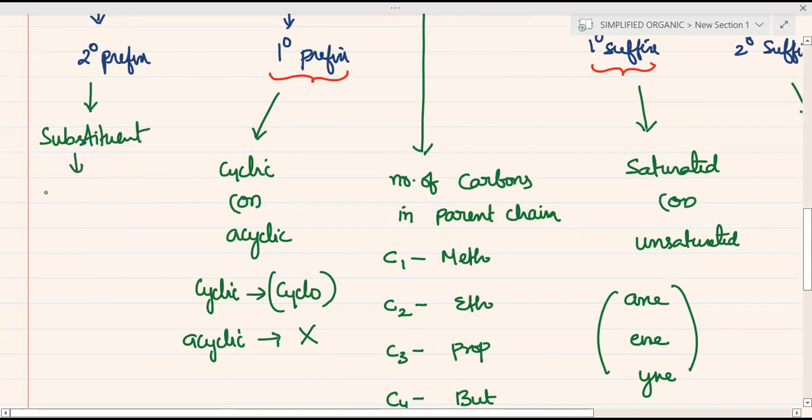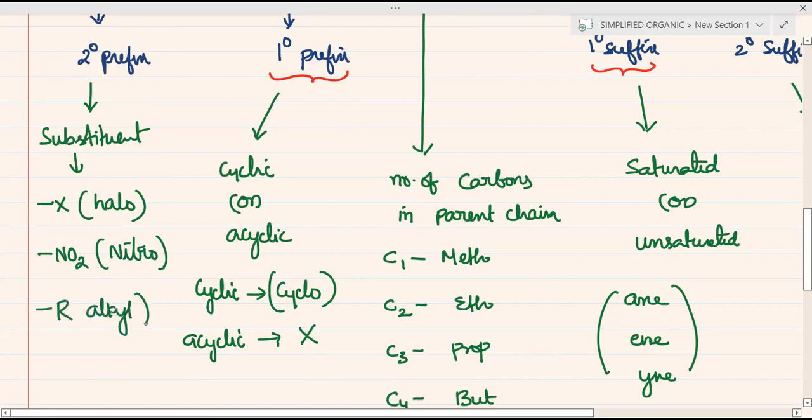For example, if it is a halogen, it is called halo, meaning fluoro, chloro, bromo, iodo. If there is NO2, it is called nitro. If there is any alkyl group, there are many alkyl groups like methyl, ethyl, propyl, isopropyl, isobutyl.